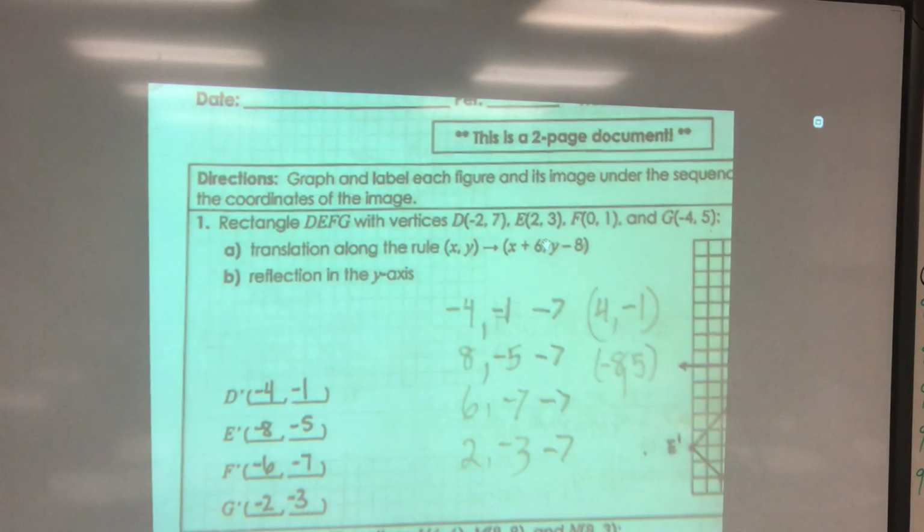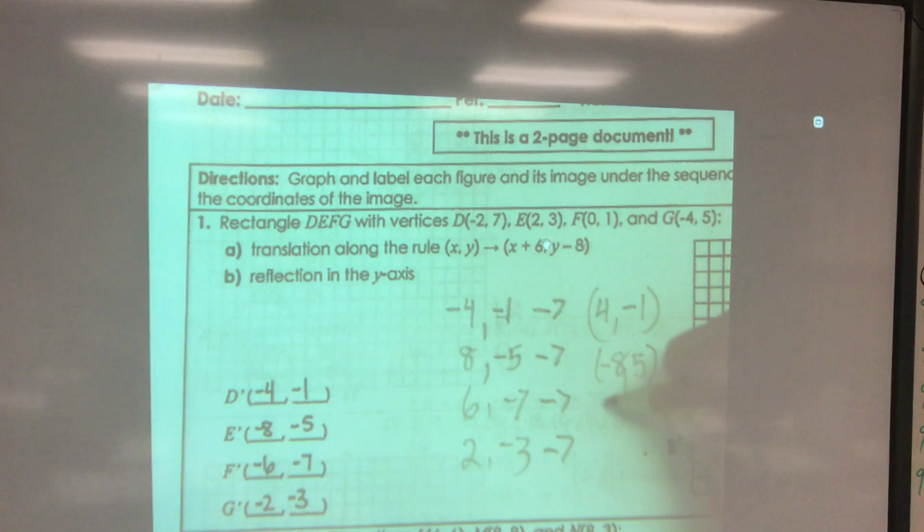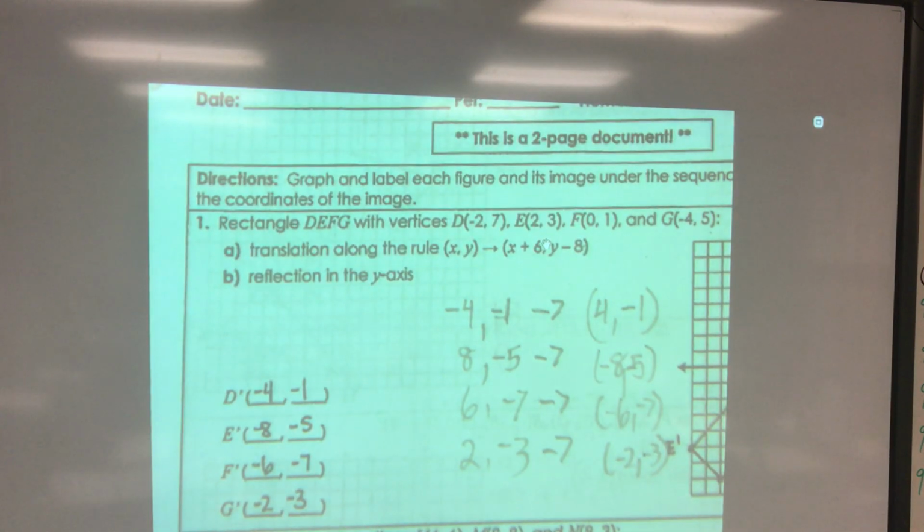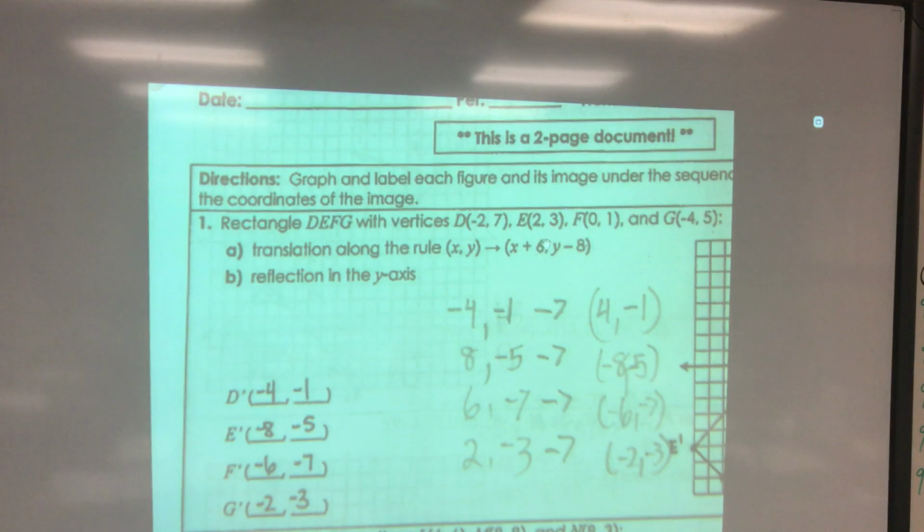Again, y values are the same, x values change the sign. And then I get -6 and -7. And then I get -2, -3. All right, so these are my points. X is 4, and Y is 1.